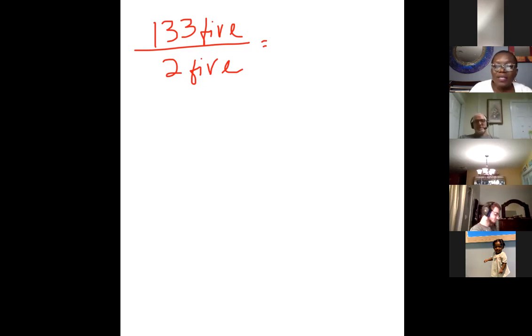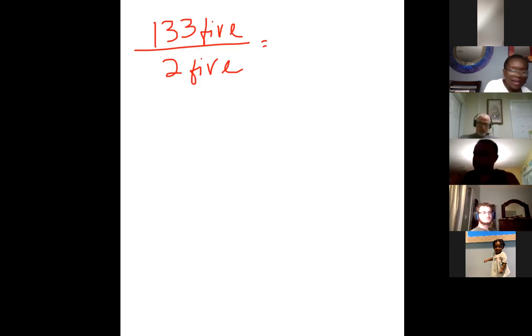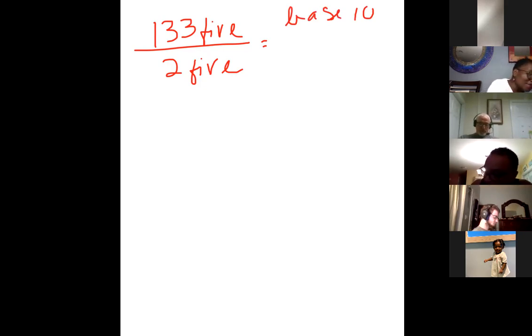So 133 base 5 divided by 2 base 5. So we're going to go ahead and convert 133 base 5 to base 10. On your calculator, this is in base 5, so this represents 5 to the 0, 5 to the first, 5 to the second.